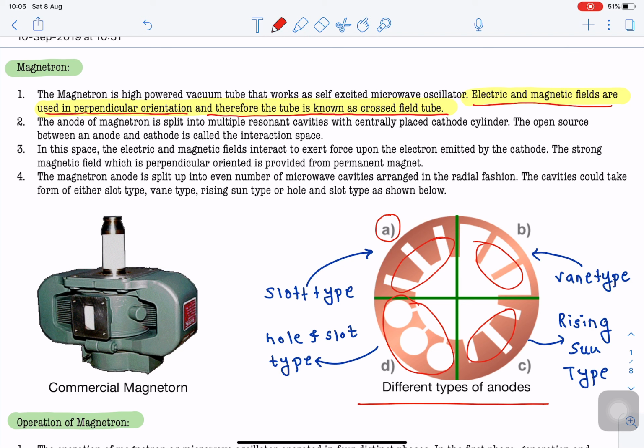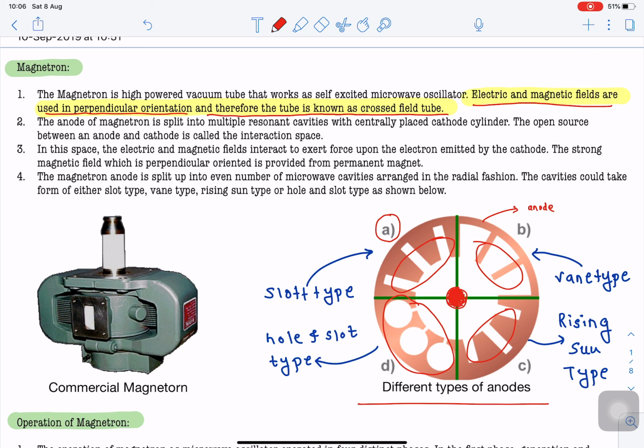The entire cylindrical body here is acting as an anode, and at the middle position of this cylindrical anode we are going to place a cathode. So the cathode is placed at the center, please remember.